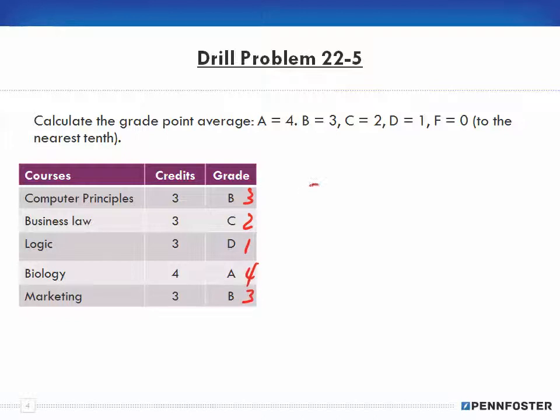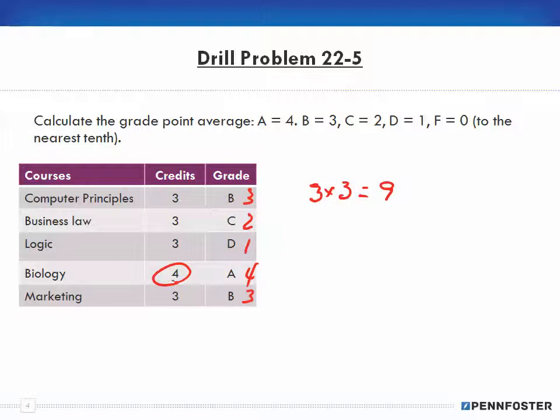So what we have is 3 times 3 gives us 9. We have to do that because of the weighting, and because we have biology having 4 credits here. It's not as simple as, if these were all 3s, we could just take the 3, 2, 1, 4, and 3, add them up and divide by 5.